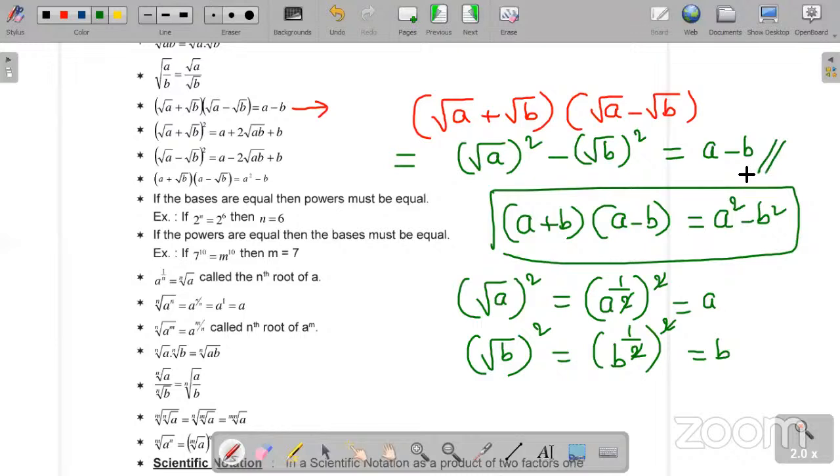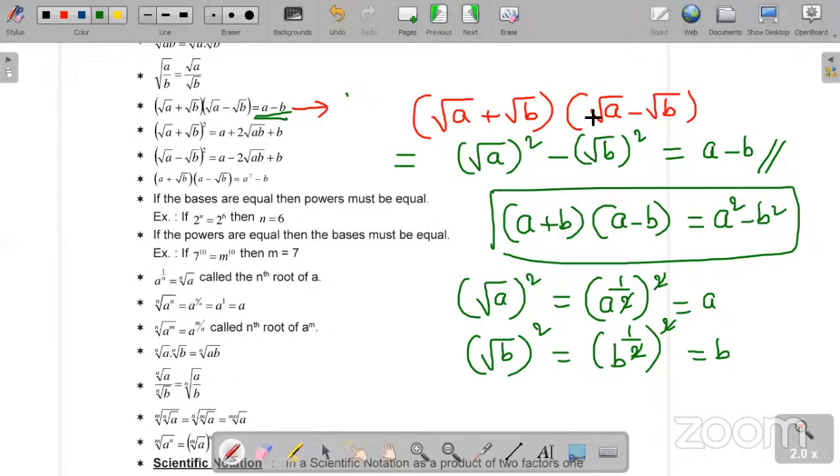I hope you have got an idea. Yes or no, you need to chat. Root A plus root B into root A minus root B is simply A minus B, the difference of A and B.